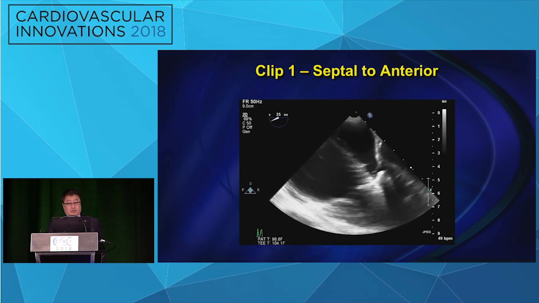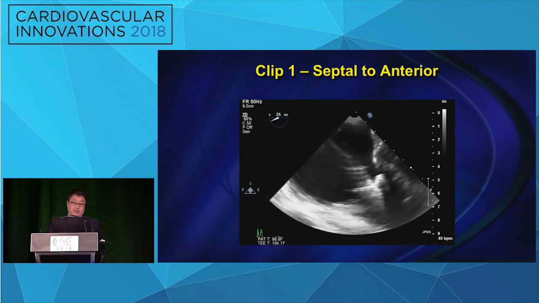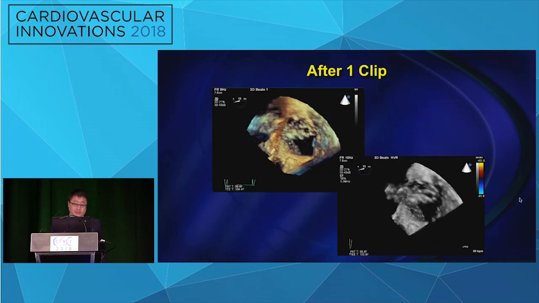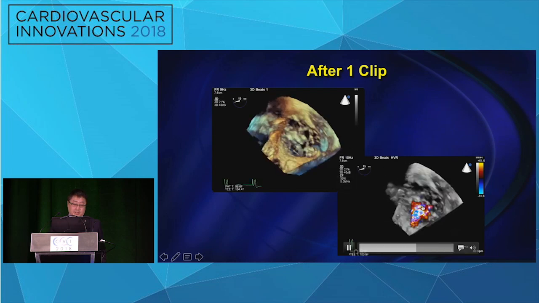So the gap was too wide to go right for the money. So we started further out in the septal and the anterior commissure. And here you see our first clip on the 3D. You still see a lot of TR, but we brought the leaflets a little bit closer together.